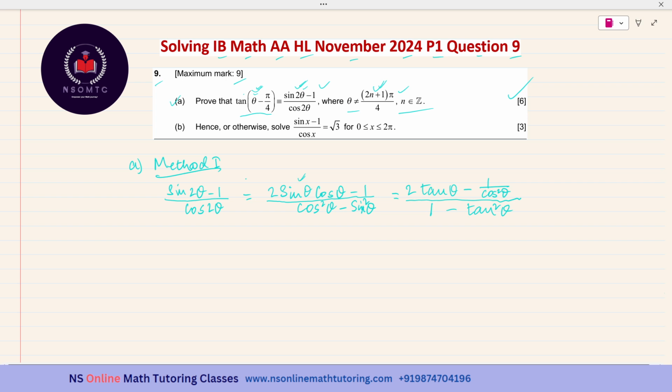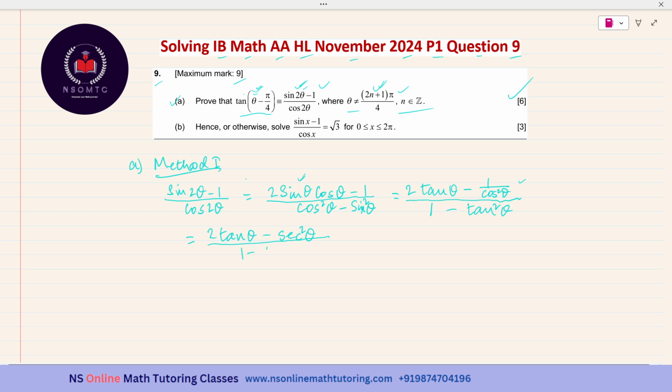And 1 over cos square theta is what? Sec square theta. So, 2 tan theta minus sec square theta over 1 minus tan square theta.